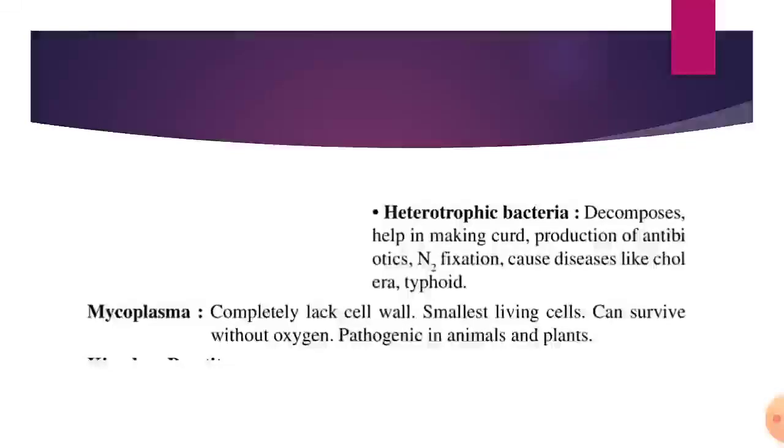These decomposers help in making curd, production of antibiotics, nitrogen fixation, and cause diseases like cholera and typhoid. Mycoplasma completely lacks a cell wall. They are the smallest living cells. These can survive without oxygen. These are pathogenic in animals and plants.